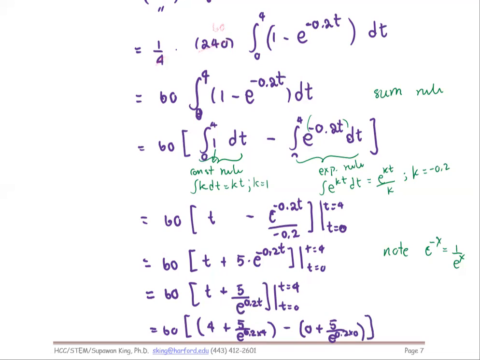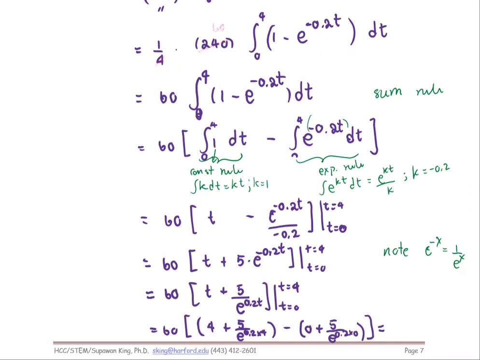Okay, then put it in the calculator. Let's use the graphing calculator to get the number out. So 60 multiplied by 4 plus 5 divided by e to the power 0.8, subtracted by the quantity 0 plus 5 divided by e to the 0, which is 1.